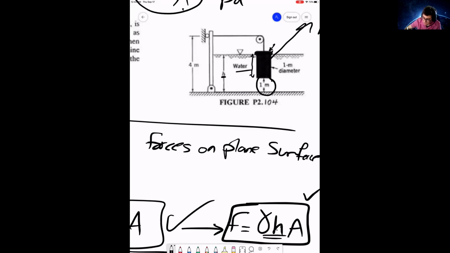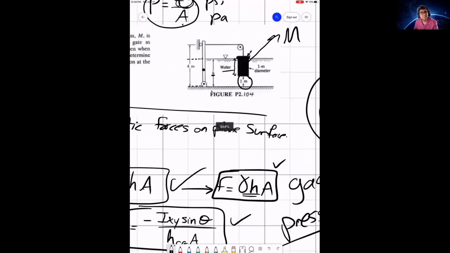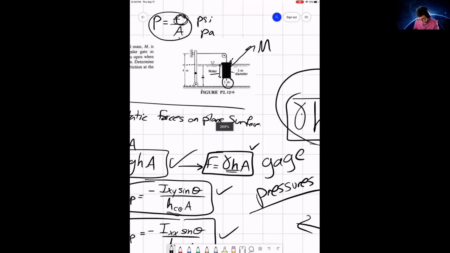Okay. Because right now the HCG will be somewhere. If the entire height is H, this is HCG in the middle of this water level. But for example, the XCG and the YCG, what is that point again?